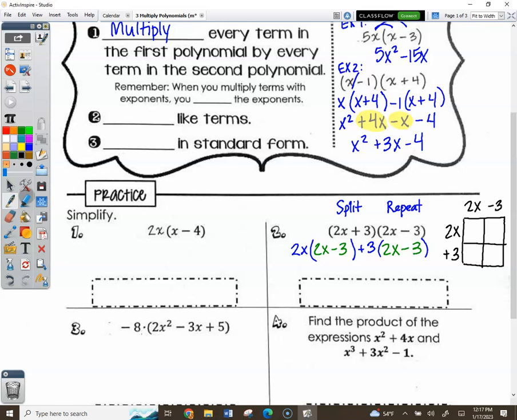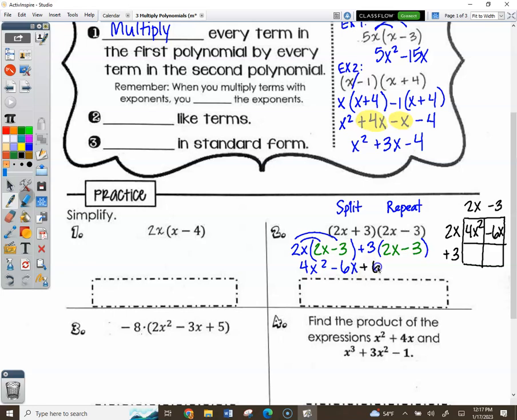Notice, as I multiply 2x times 2x and get 4x squared, that's also what I get right here. That's why this works. Then 2x times negative 3, I still get the same thing. The box method is just a way to organize your work if you're not good at showing your work already, or if you lose your train of thought along the way.